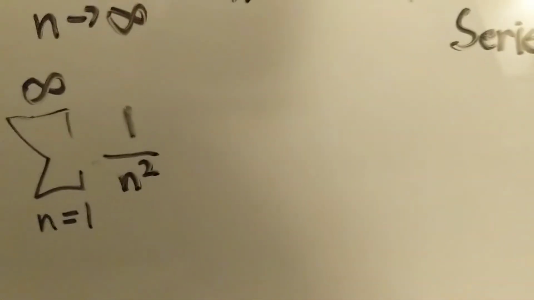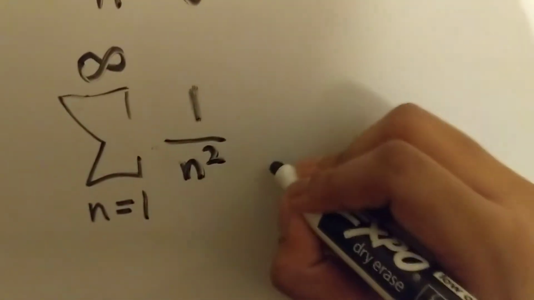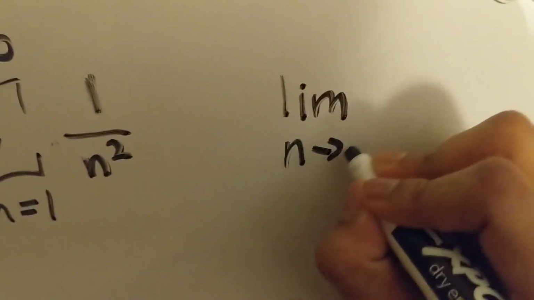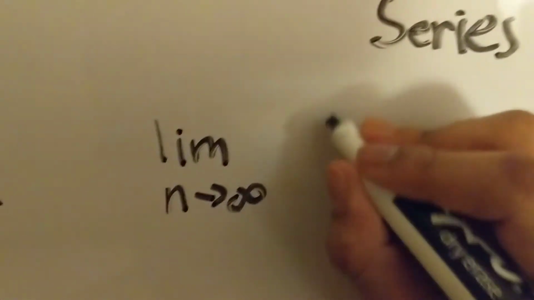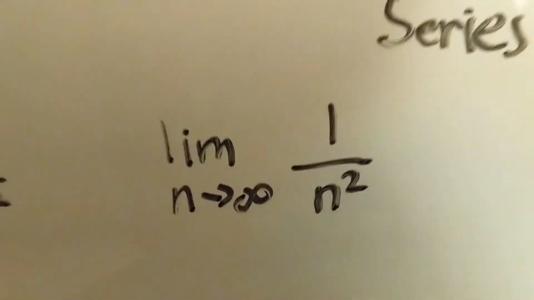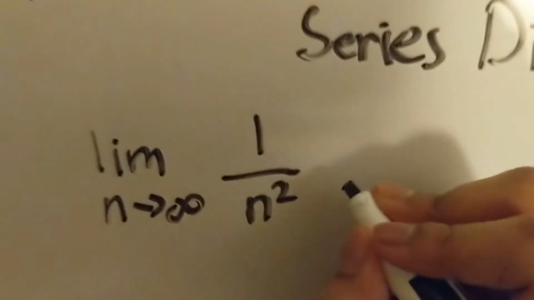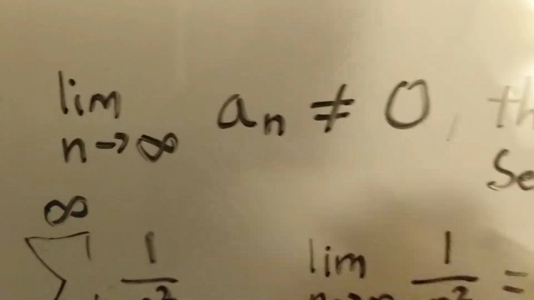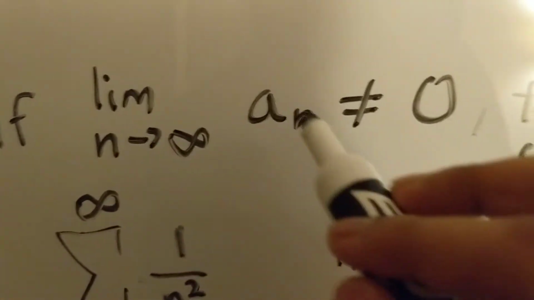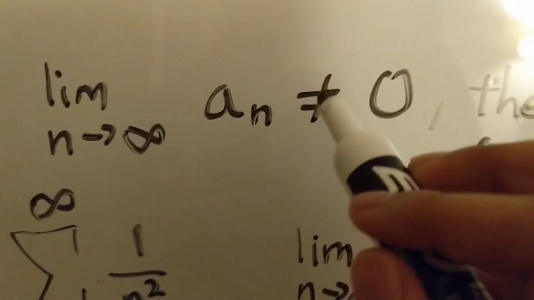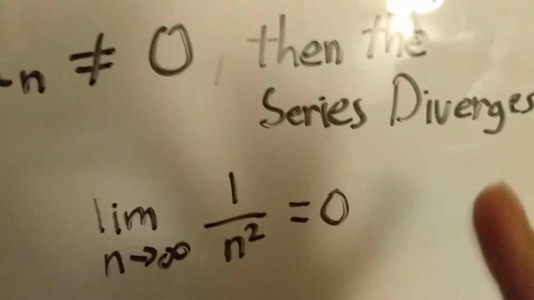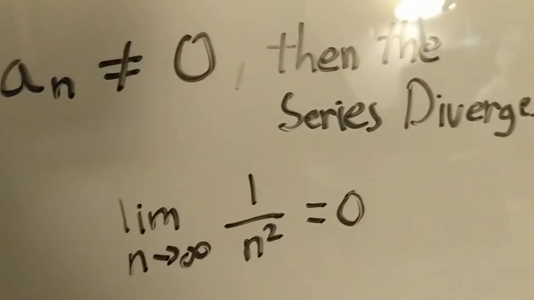We can calculate the limit as n approaches infinity of 1 over n squared, and this will equal 0. Remember, if the limit as n approaches infinity of a of n is not equal to 0, then it will diverge. This equals 0. We did the divergence test and found that it equals 0.